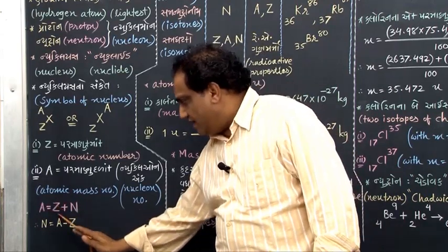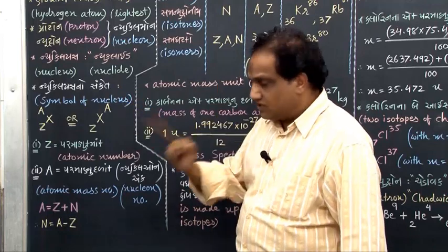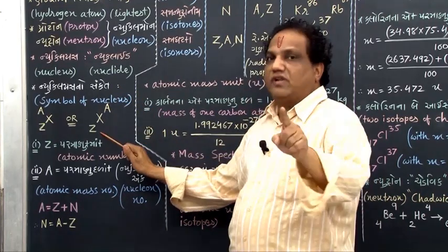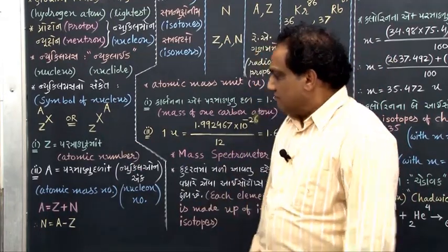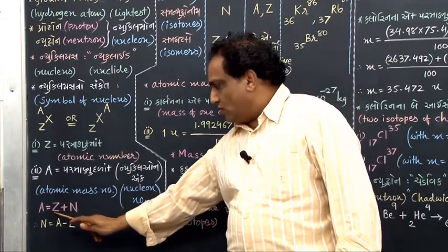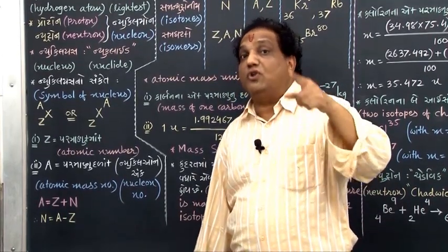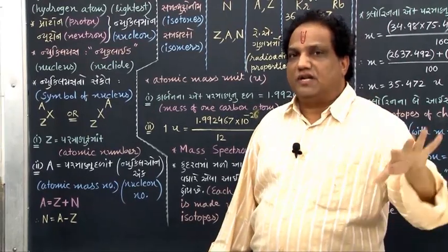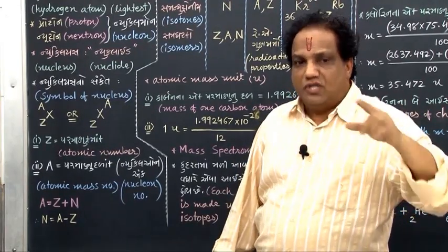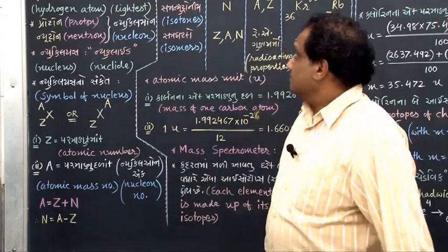It will be A minus Z. So when you make subtraction this way, A minus Z, it will give you the number of neutrons. Got it? And when number of protons and number of neutrons are added, it will give you the total number of nucleons, which is generally known as nucleon number. Nucleon number and atomic mass number are one and the same.